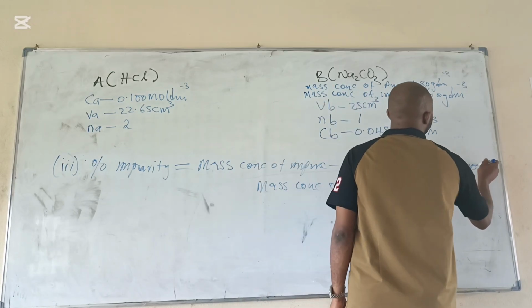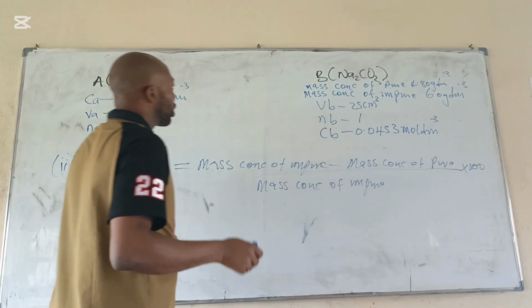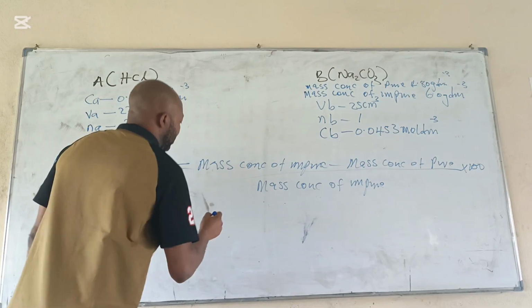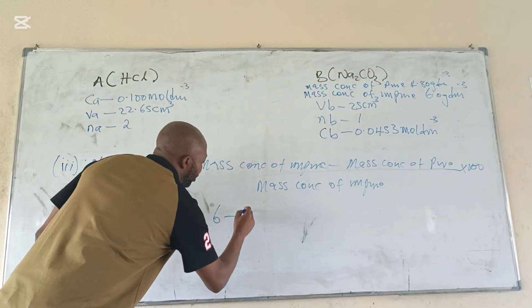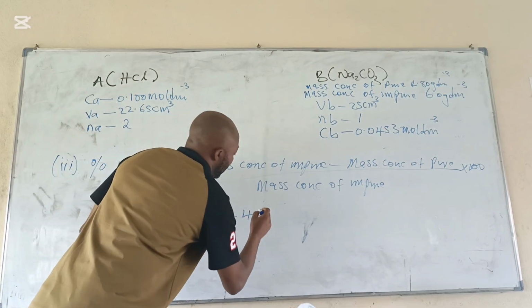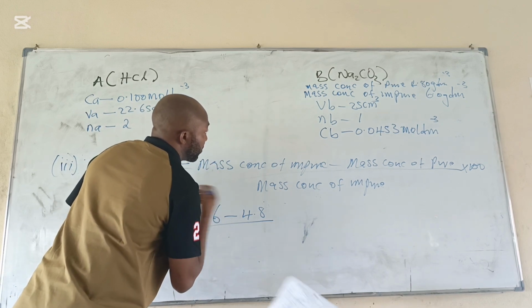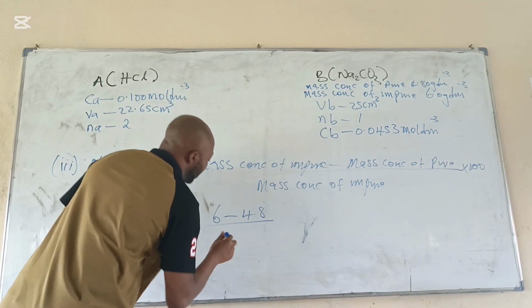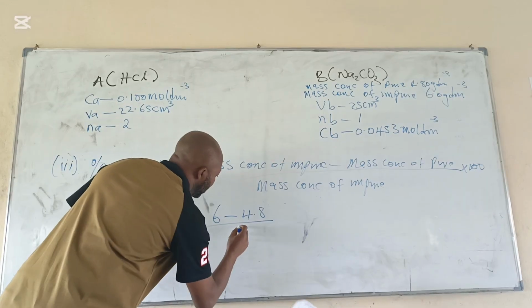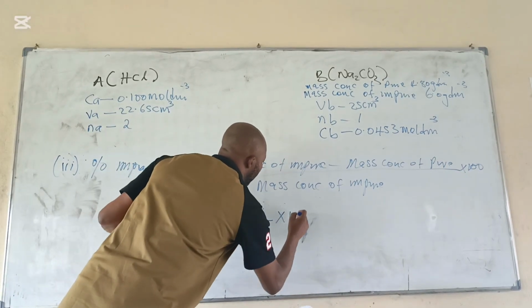Times 100. The mass concentration of impure is 6. We have 6 minus 4.8 over 6, the mass concentration of impure, which is still 6, times 100.